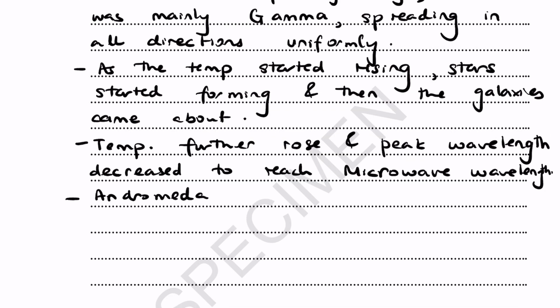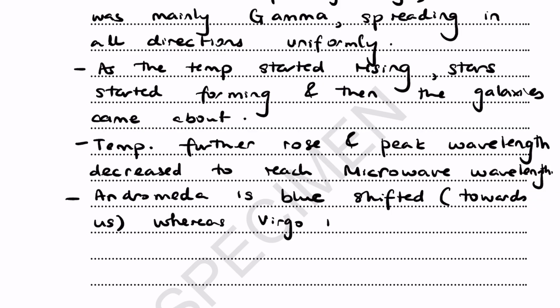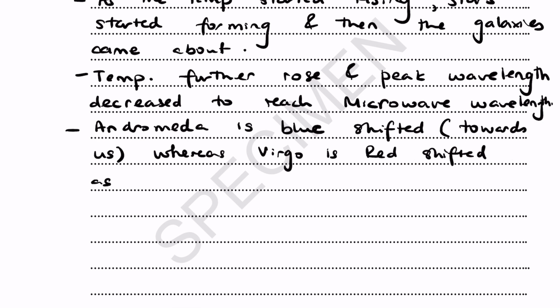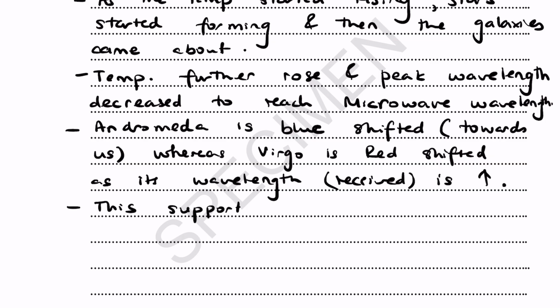So Andromeda must be coming towards us, whereas the Virgo cluster is moving away from us as it's red shifted. So that's basically supporting that the universe is expanding as the Big Bang Theory suggests.